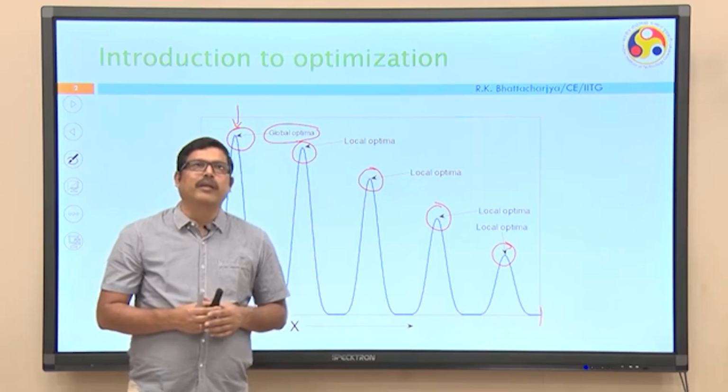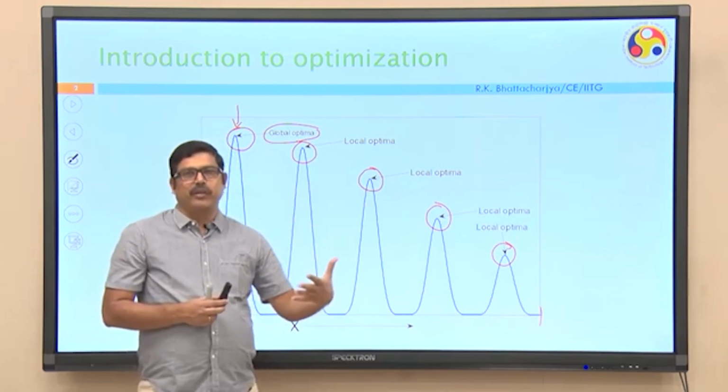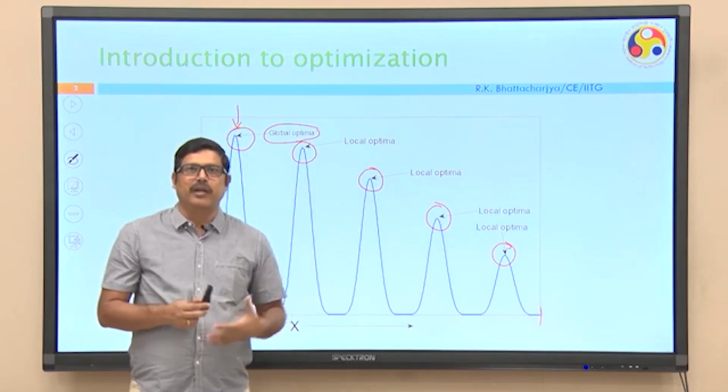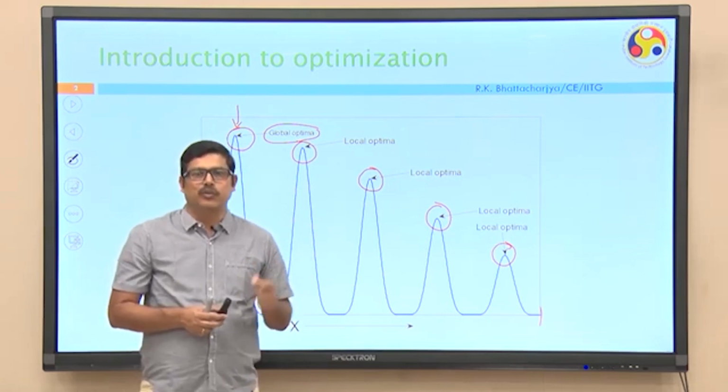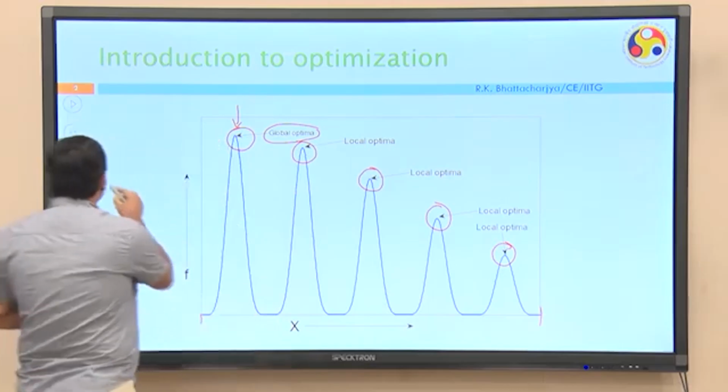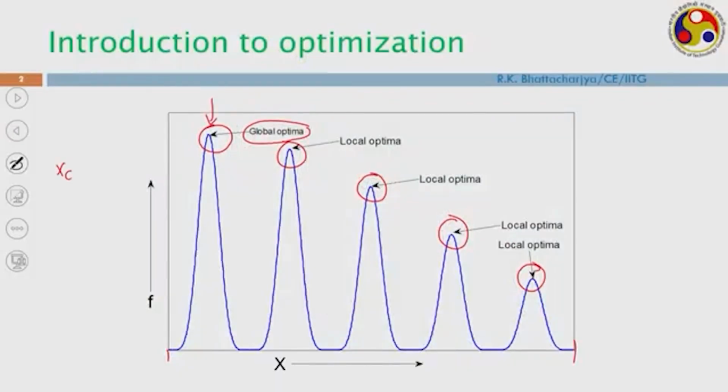As you know, whatever gradient-based method you apply starts with an initial solution. We call it x naught. So x naught is the initial solution, that means the search process starts from this x naught. Now, how to choose this x naught? If x naught is somewhere here, then you will get this optimal solution.